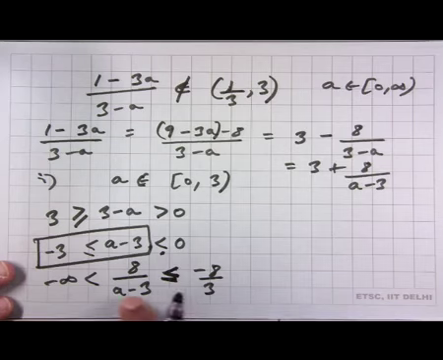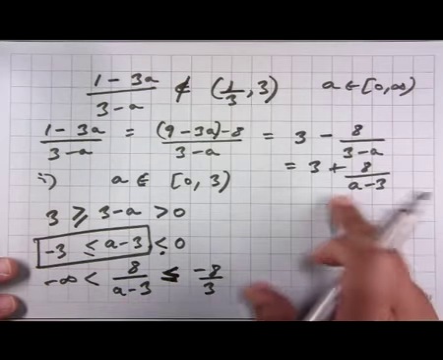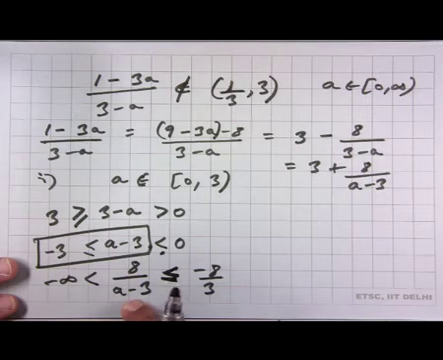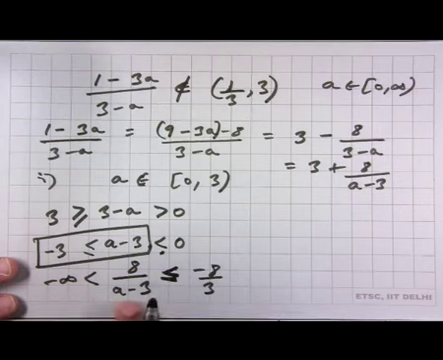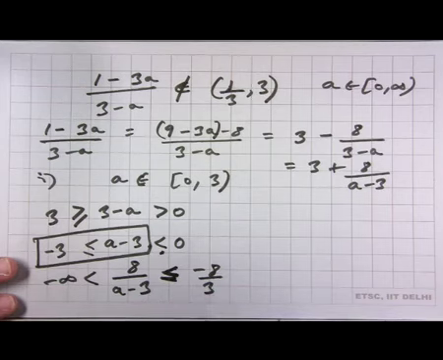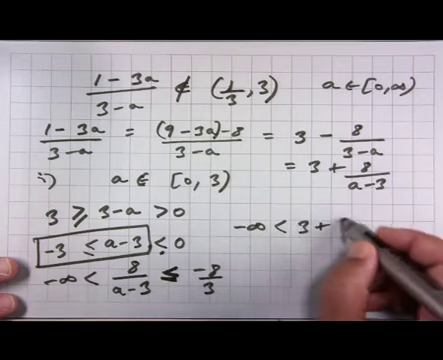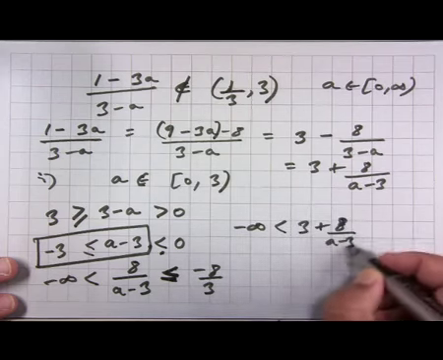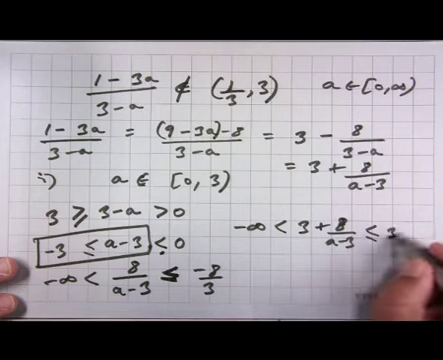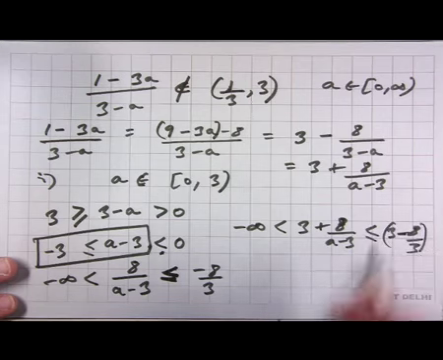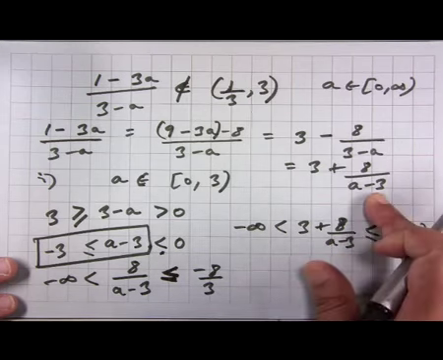So, if we use this inequality here, we just have to add 3 everywhere in this inequality, so we add 3 here, we add a 3 here, and we add a 3 here. So, the final inequality that we get is exactly this quantity.